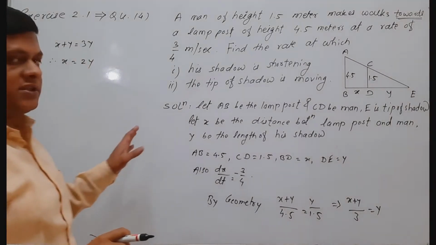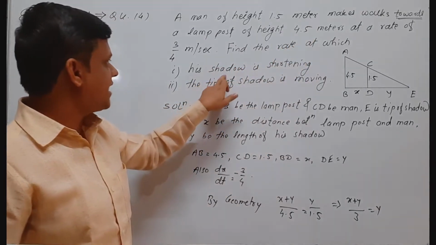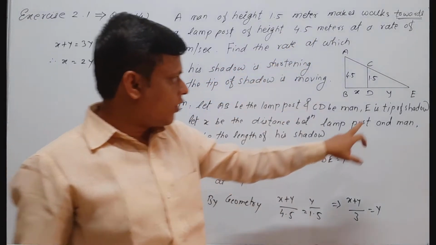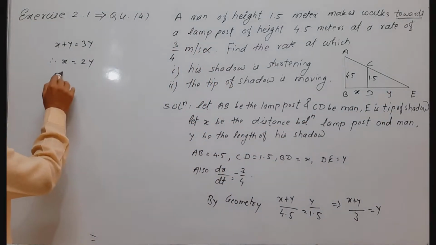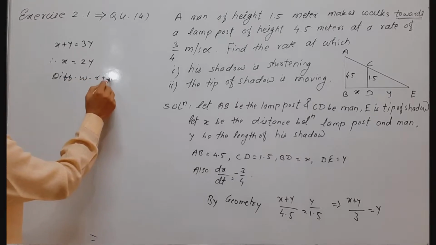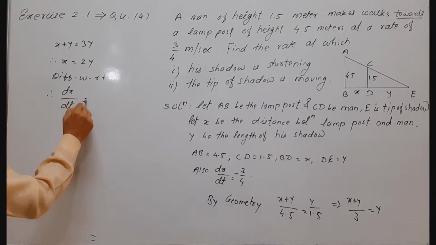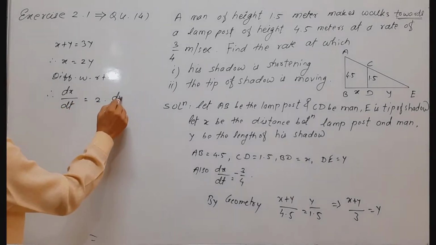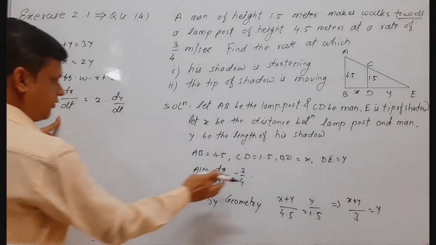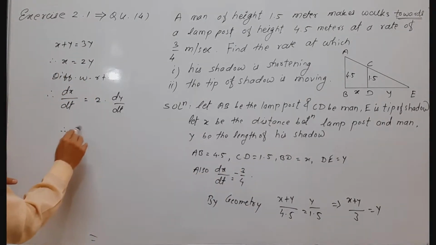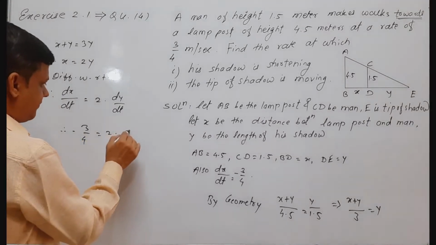Now see the first sub question. We have to find the rate at which his shadow is shortening. So we have to find the rate of change of y. So write here, differentiate with respect to t. Therefore dx by dt is equal to 2 into dy by dt. Now we have the value of dx by dt, which is -3/4. Therefore -3/4 is equal to 2 into dy by dt.